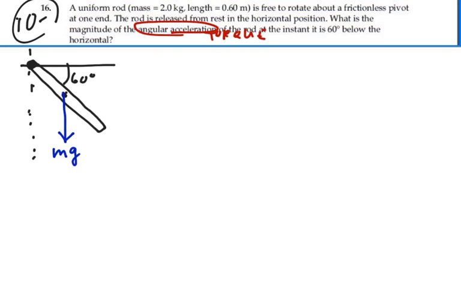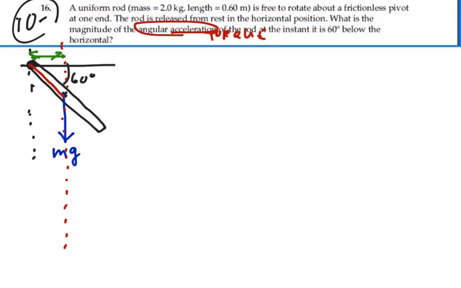But if we're thinking in terms of torque, what we want to know is the line of action of this force, and then the shortest distance to that line of action from the pivot. That would be this green line here, and that shortest distance would be equal to this hypotenuse of this right triangle times the cosine of 60 degrees.